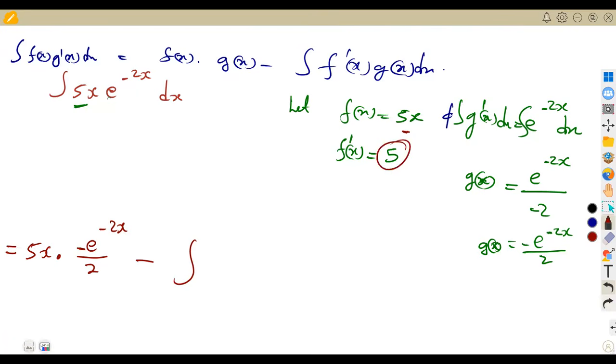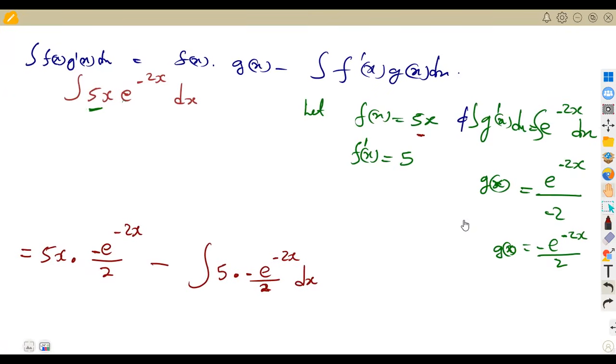So f prime of x is 5, so this will be 5 times g of x dx, which is negative e to the exponent of minus 2x over 2, with respect to x. All right, so that's it.